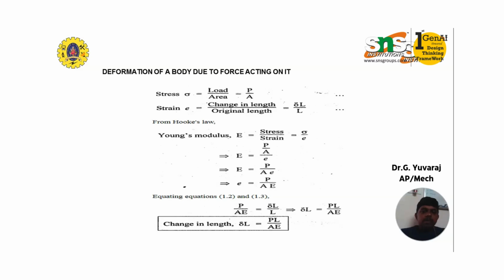When equating, strain is equal to del L divided by L, so instead of the strain I write load divided by area into Young's modulus. Equating these two equations, del L is equal to PL by AE.